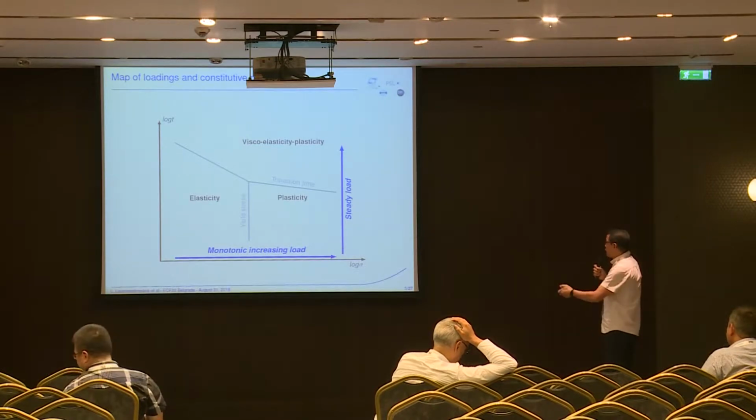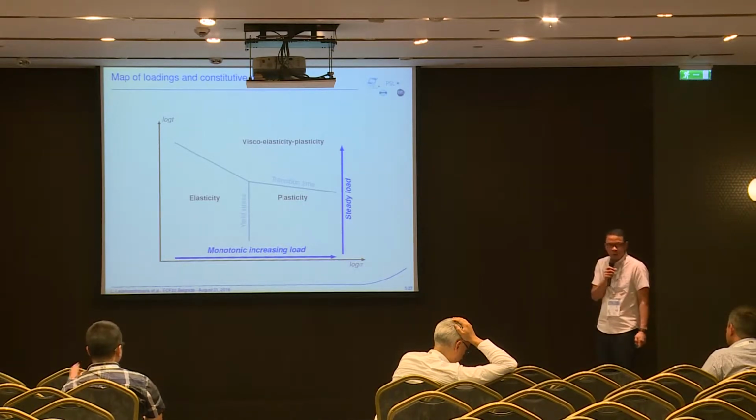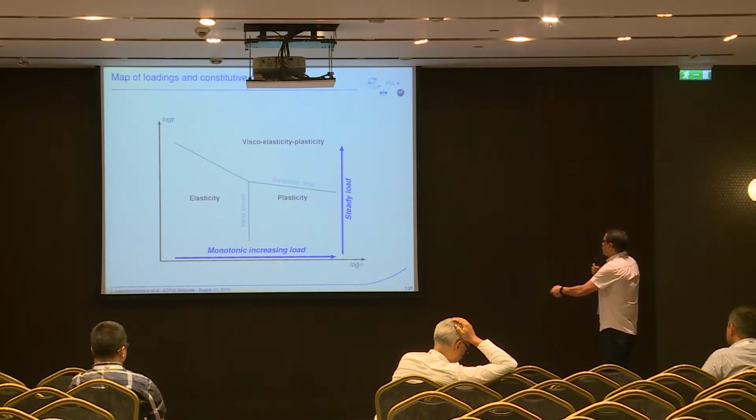For that, we have this map of time versus the applied stress, and we pressurize here with a monotonic increasing load, in this case static loading, and then we have to reach this domain where there is a concept of transition time.